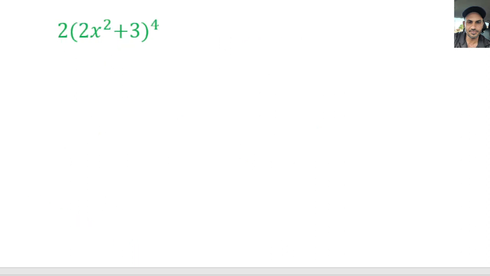Now let's do one more example. Here we have another expression. This one I'm going to simplify a little. We have 2 multiplying this whole expression, so I'm going to take 2 out of the derivative. That's the constant times the derivative property. So 2 is outside the derivative, and now we are left with 2x squared plus 3 to the 4th power.